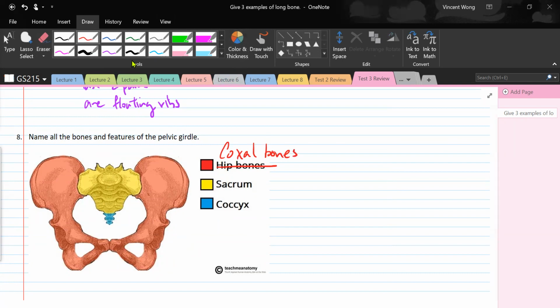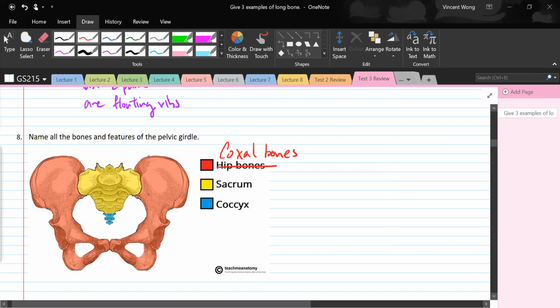So just call it 1, 2, and 3. Coxal bone equals 1, 2, 3 together. 1 is the ilium. Number 2 is the pubis. And number 3 is the ischium. Right?